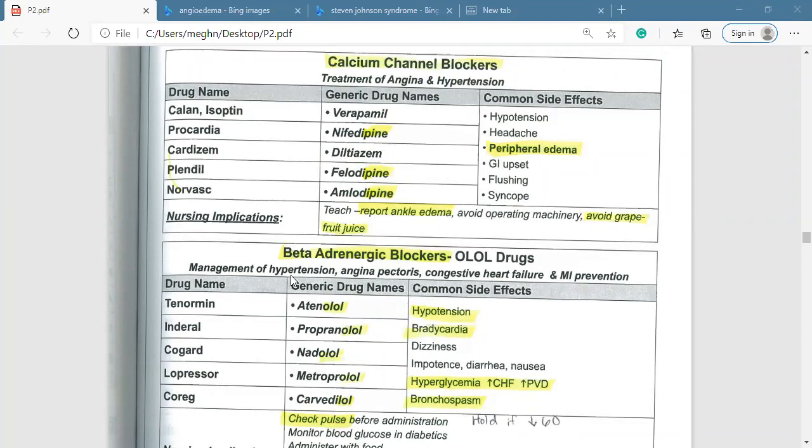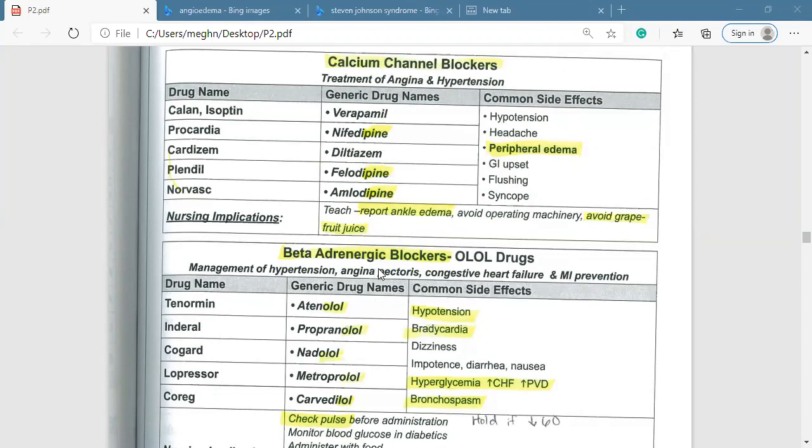Beta blocker we basically use for management of hypertension, angina pectoris, angina or angina pectoris, same. But angina, I said, is when a patient complains of severe chest pain or chest pain because of exertion. When they work or exercise, the heart needs more blood pumped, demand is increased, and pain starts. Also congestive heart failure and MI.